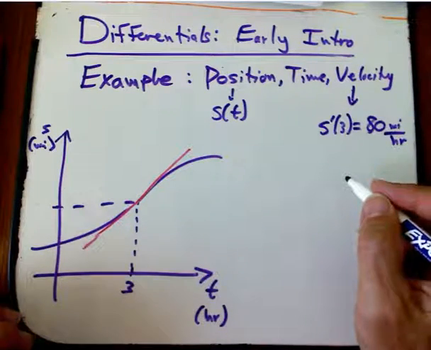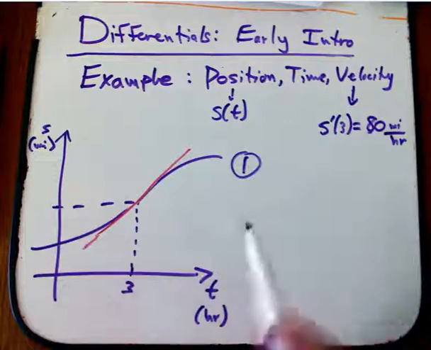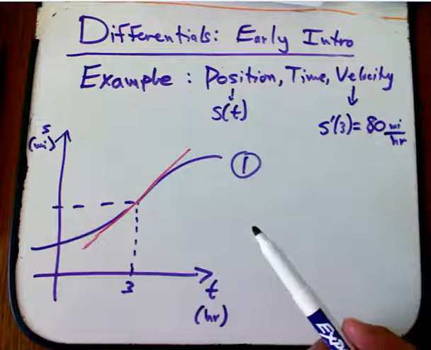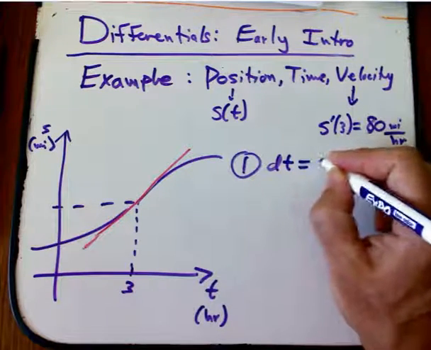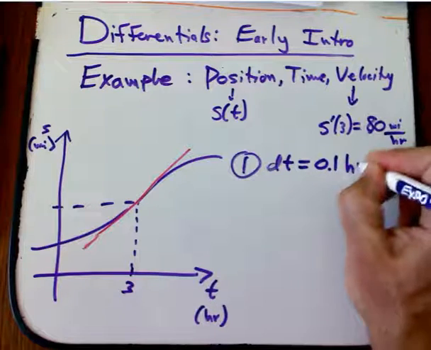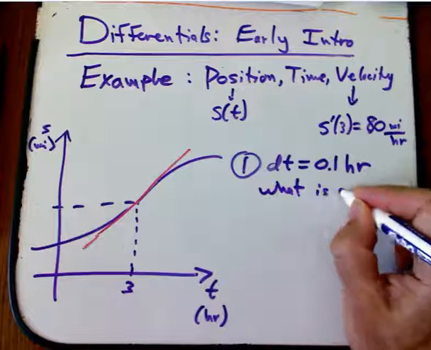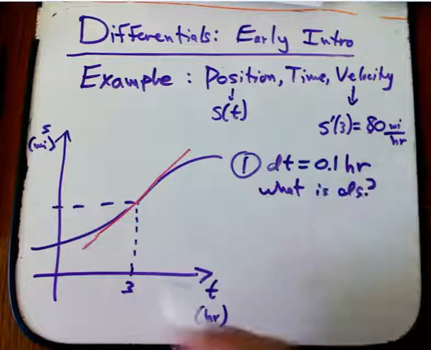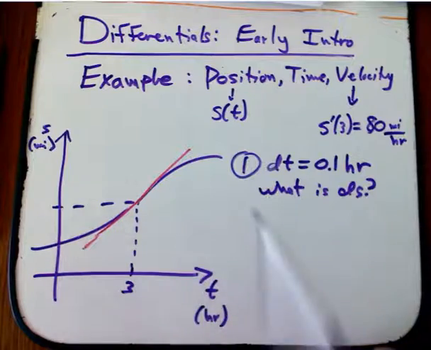Okay, so, for example, the first example would be, suppose I just let the clock run 6 more minutes, so the change in time is 0.1 hours. How far does the car go? How far additionally from wherever it was does it go?